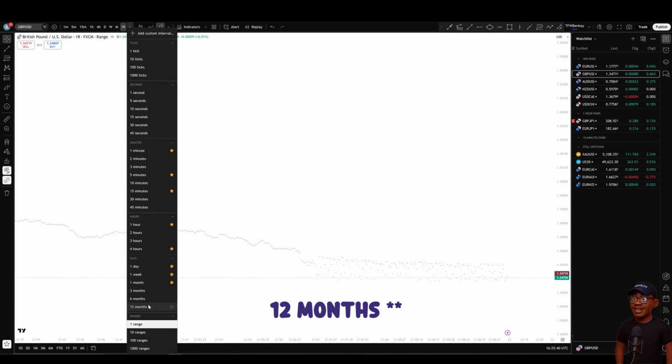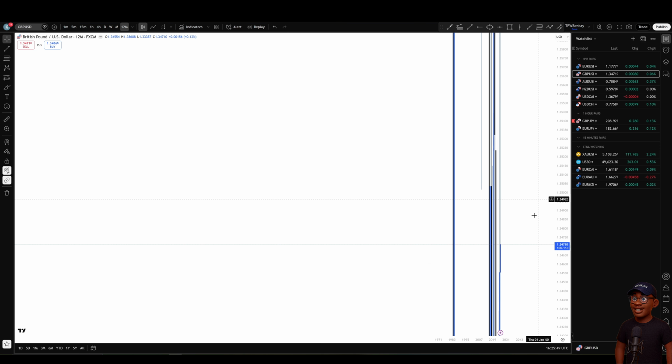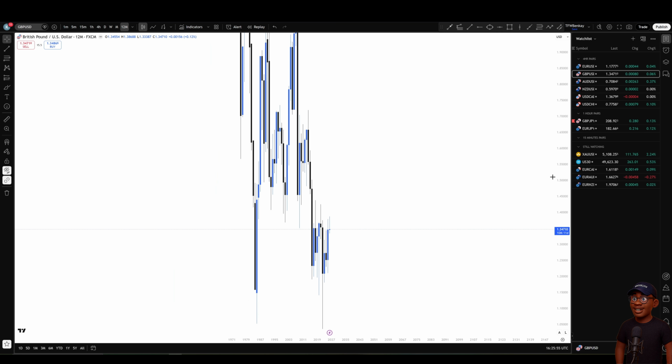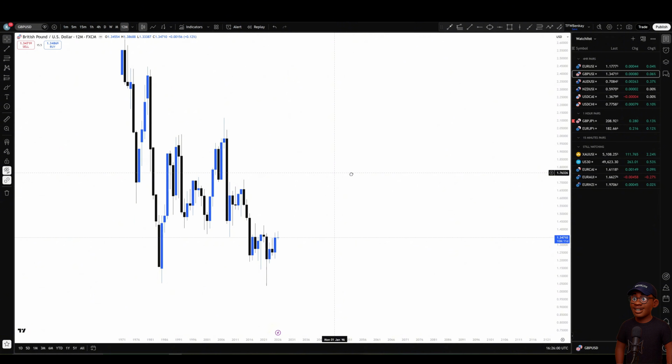For the 12 months, 6 months, and 3 months, because the candles are so huge, let's see the 12 months. The candles on this time frame are so huge, you can't do any better analysis with this type of candles.